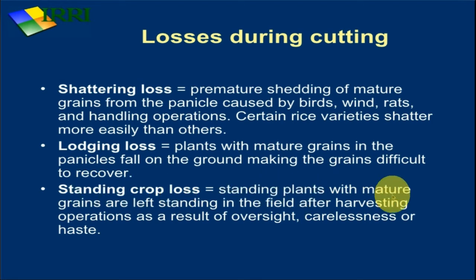These standing plants with mature grains are left standing in the field after harvesting operations. Means if after harvesting we leave the crop in the fields without accumulating or storing it in a safe place in rows or stacks, then because of oversight or carelessness the crop will be lost.